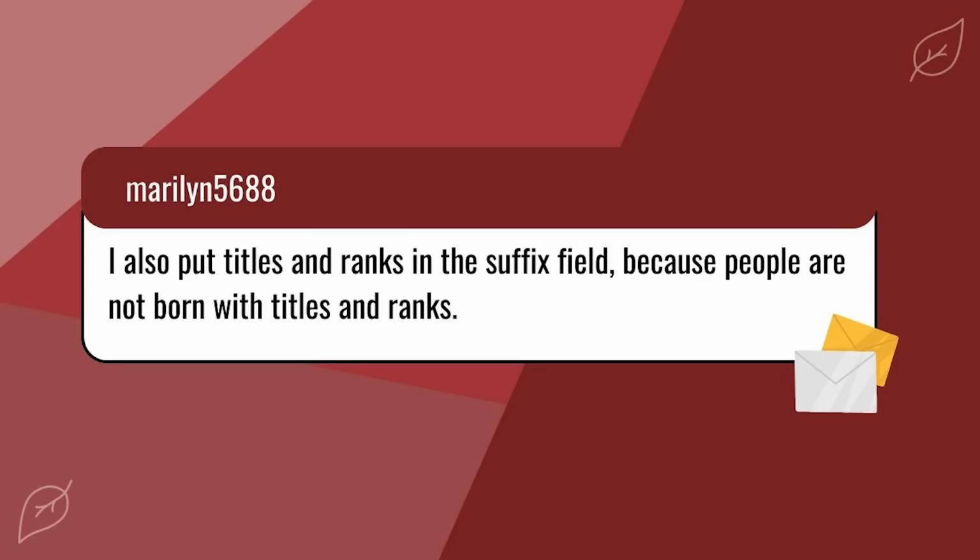Marilyn argued that titles and ranks shouldn't be in the name fields because people aren't born with them. And I get it, but here's the thing. If we're sticking to proper grammar and genealogy practices, the title should be right next to the name, not buried in a fact list.